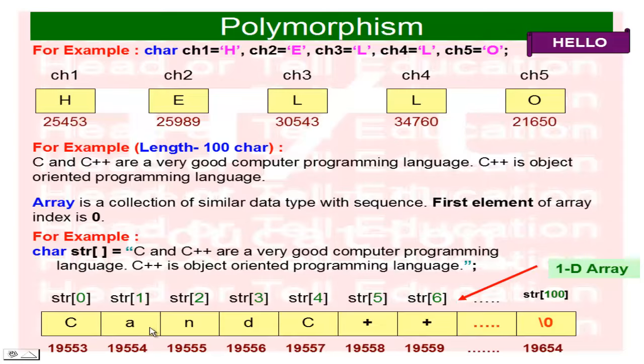The whole string sequence in the array starts from, for example, address 19553 and ends at 19654. The last character is stored as the null character. This is called an array, and this is a one-dimensional array.